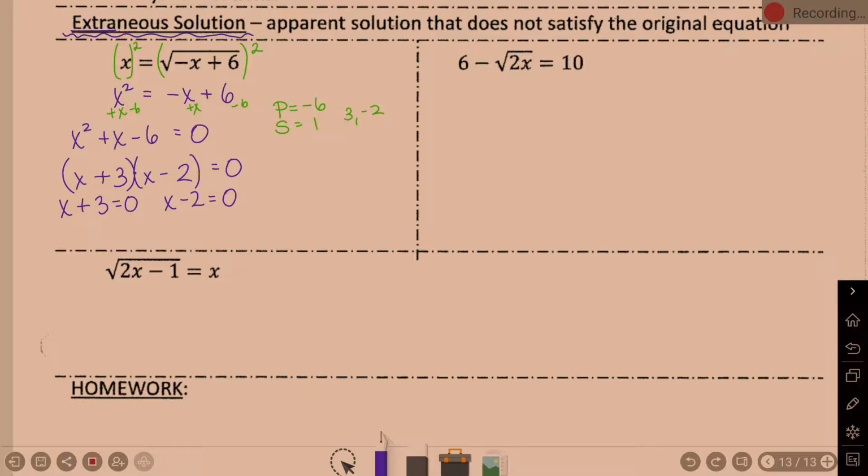If it's x plus 3, subtract 3, and x is negative 3. If it's x minus 2, add 2, and x is positive 2.